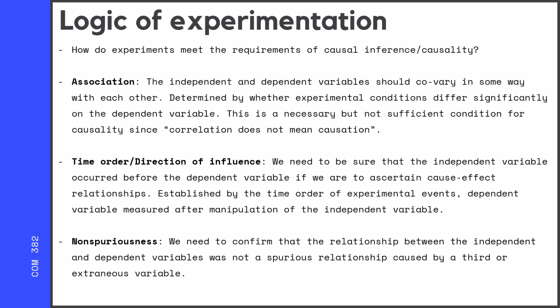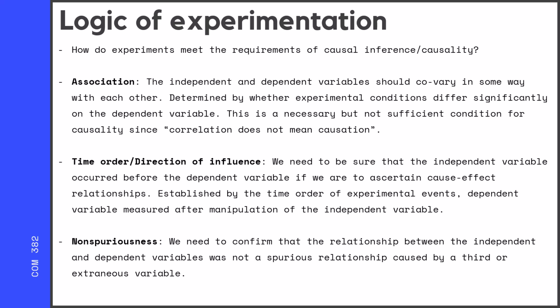So let's walk through this with our mindfulness experiment example. In our mindfulness example, the independent variable was mindfulness meditation and the dependent variable was academic performance. If in our experiment we see that there was a significant difference in academic performance between the kids in the experimental group and the kids in the control group, we can conclude that there is indeed an association between the independent and dependent variables.